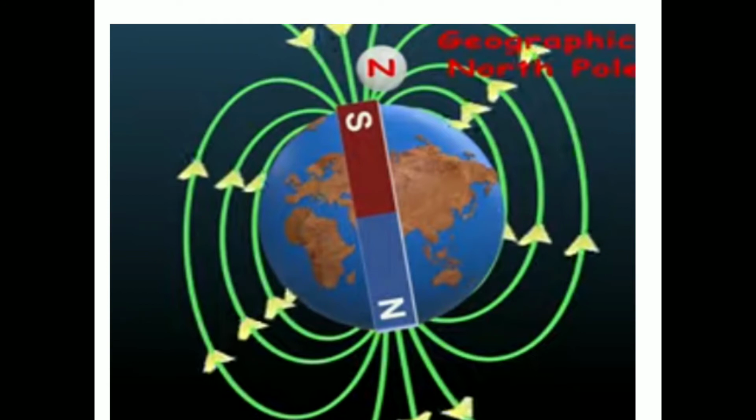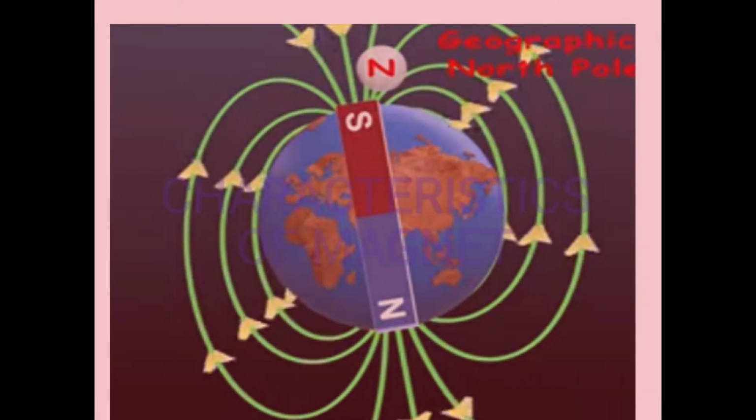So the north pole of the earth and the south pole of the magnet align in the same direction. Similarly, on the opposite side, the north pole of the magnet and the south pole of the earth align in the same direction. So this is how the earth creates a magnetic field, and the bar magnet gets aligned that way due to the magnetic field.